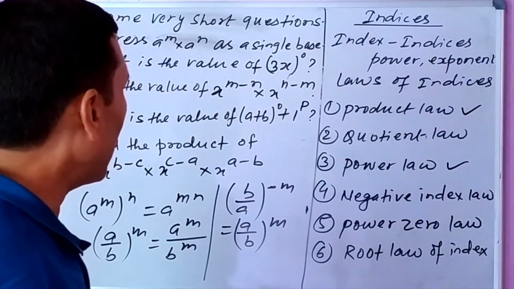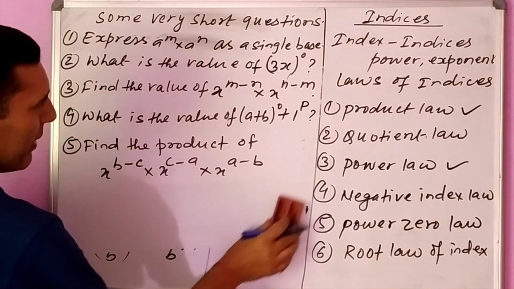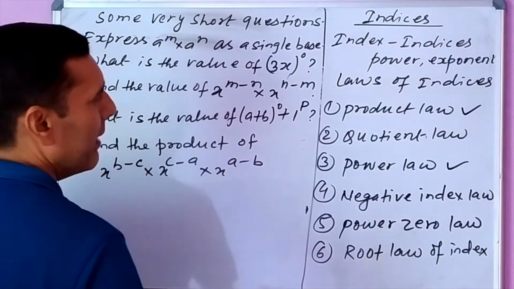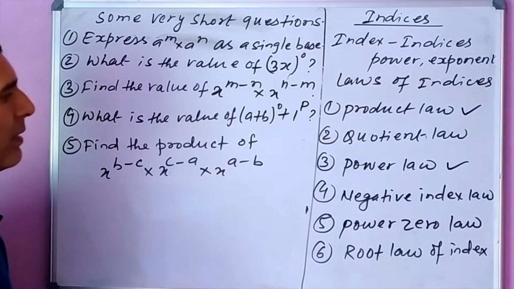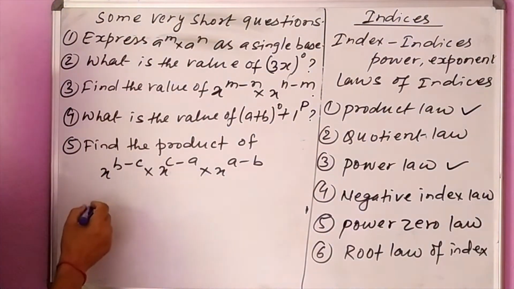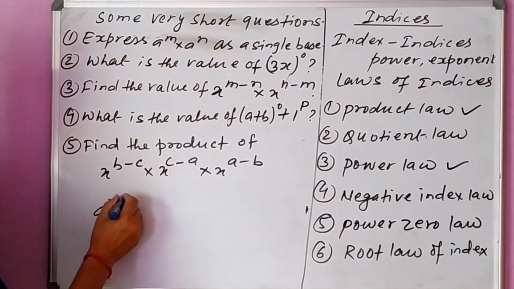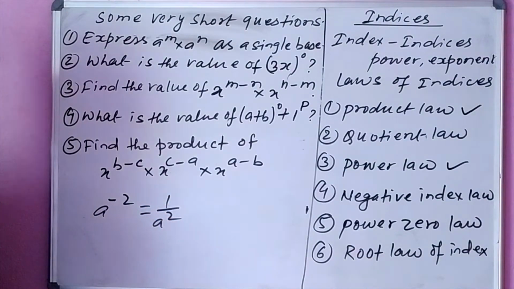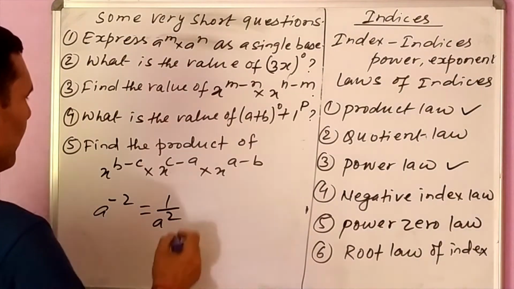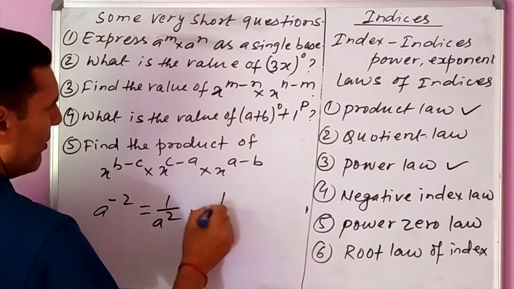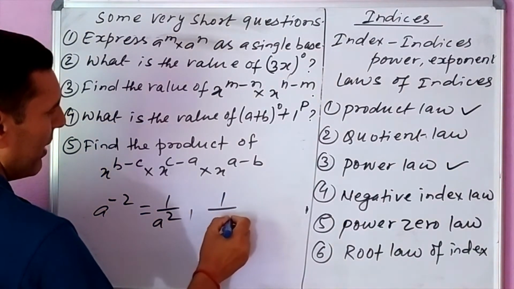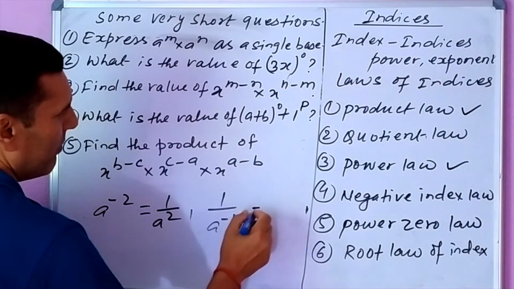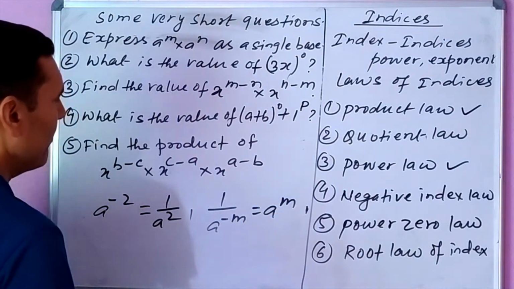This is the power law. Now similarly we have the negative index law. Negative index law means if we have a to the power minus 2, and it is brought down, it becomes 1 upon a square. If we have 1 upon a to the power minus m, and it is brought up, this is a to the power m.